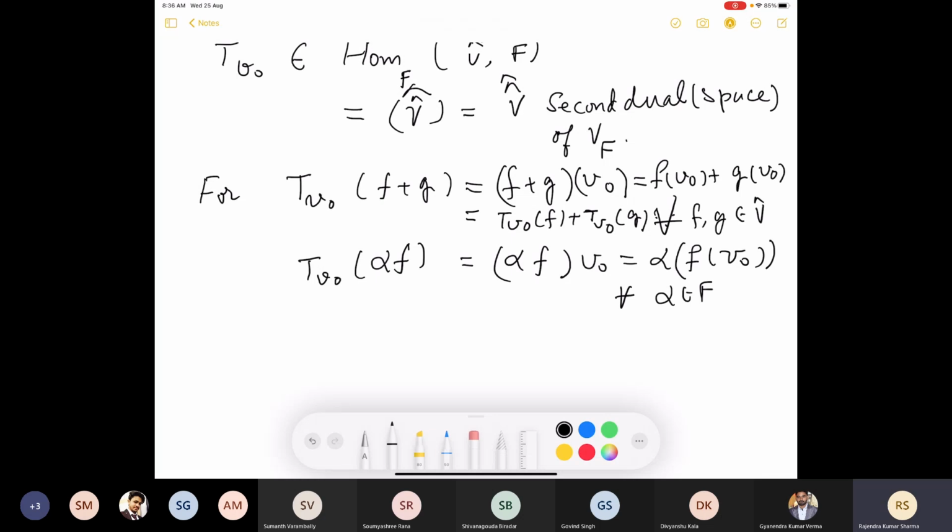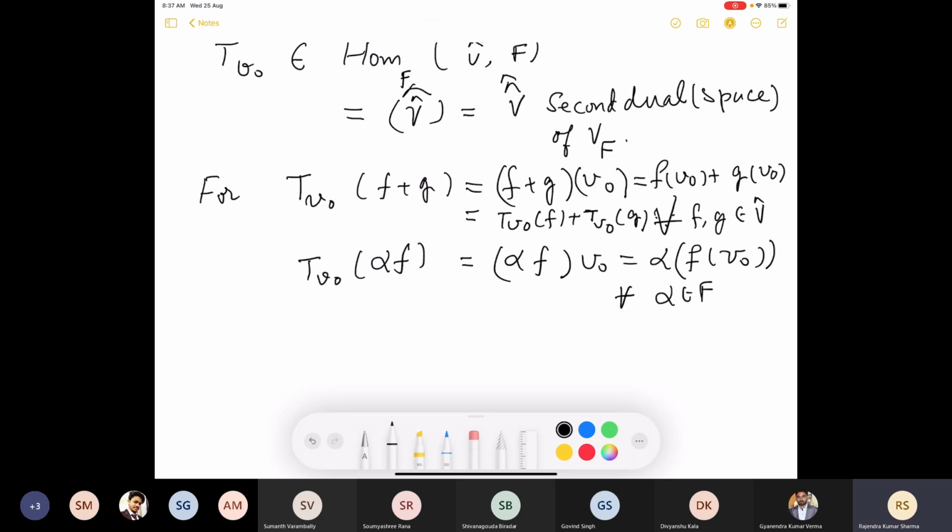So this T_v0, the map, it preserves addition, it preserves the scalar multiplication, and therefore T_v0 is a homomorphism from V hat into F. So what we have got? We have got now a vector space, namely here, which is in V hat hat. So this is called the second dual of the vector space V over F.